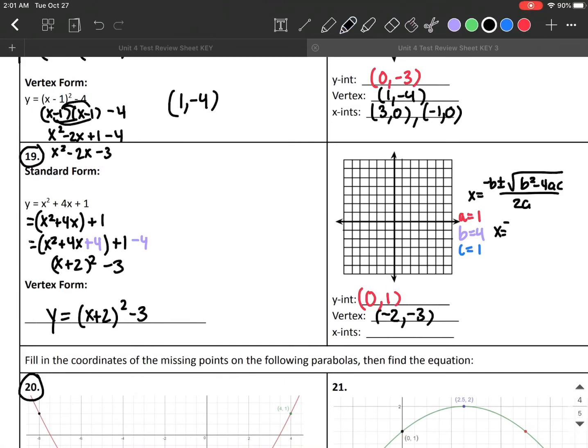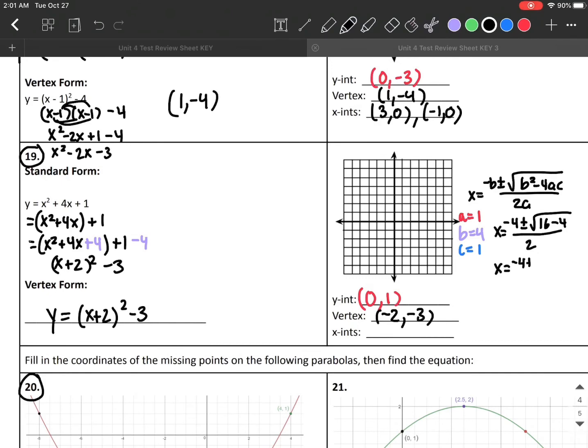So I have x is equal to negative 4 plus or minus the square root of b squared, which is 16. So 4 squared is 16, minus 4 times 1 times 1, which is 4, all over 2 times 1, which is 2.